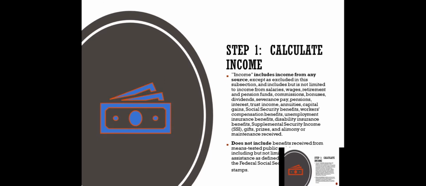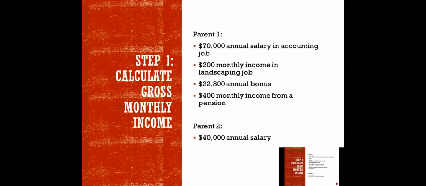So not things like disability benefits, not things like military benefits, those would all count. Only things that are based on means, like food stamps, would be excluded from our very inclusive, very broad definition of income. Then we figure out what the two parents' collective monthly income is.